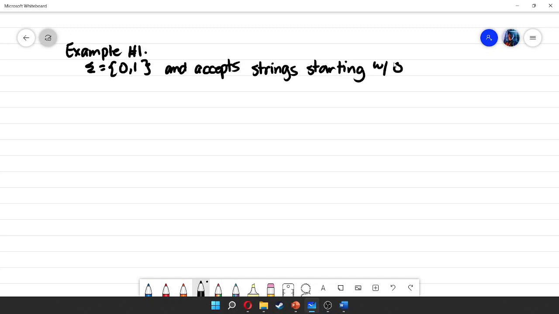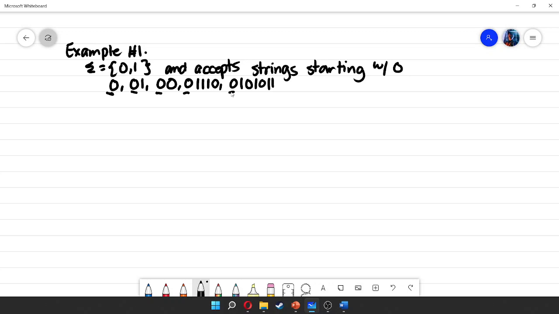Example strings: of course, we have 0. We can have 01, 000, 111, 0101, 01011, etc. As long as it starts with 0, then we accept the string.